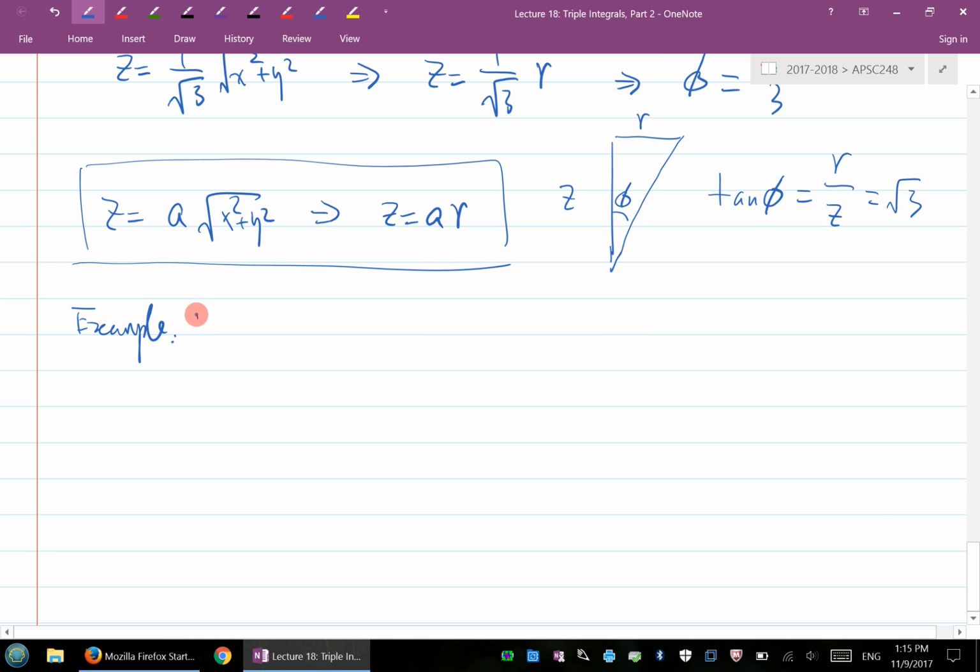Okay. So here's a region D. Region D is sandwiched by two surfaces. One is x squared plus y squared equal to 4, and the other is z equal to x squared plus y squared.